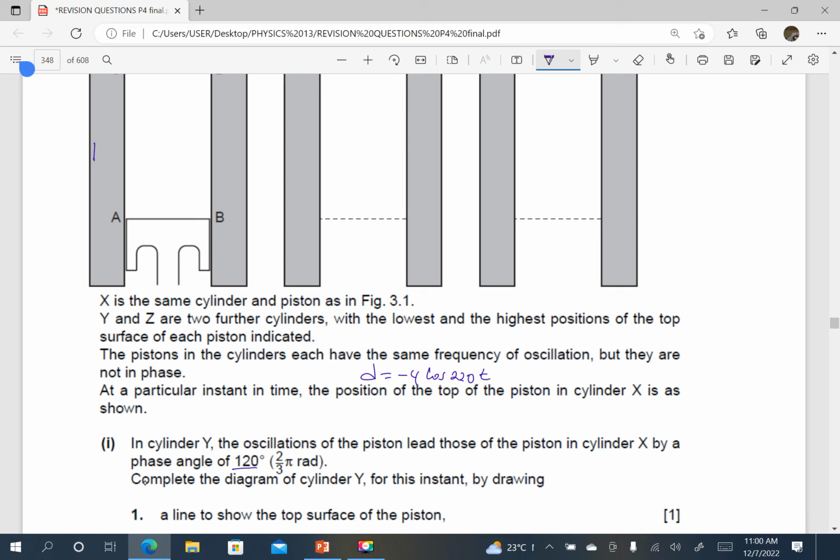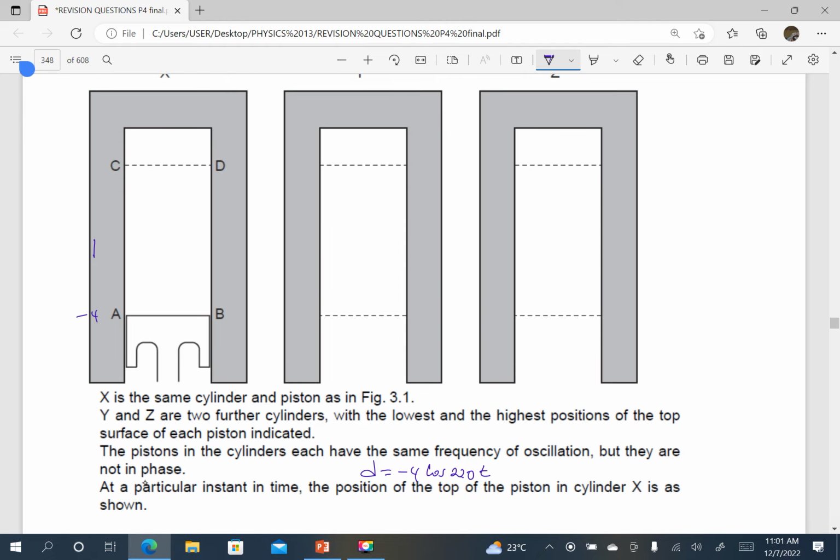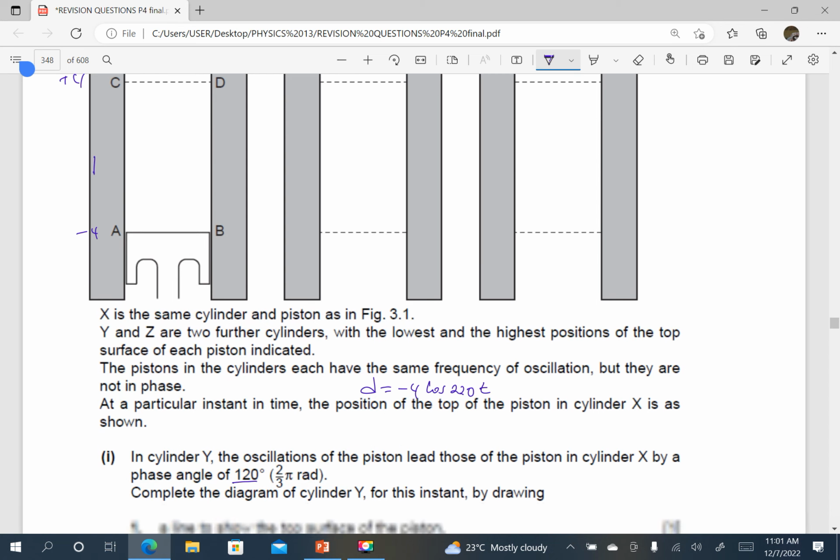That means at t equals 0, if we consider X, it was at the bottom where this was negative 4. And at the top, that was positive 4. From the bottom to the top, that is half a cycle, which is 180 degrees. So let's check. If y leads x by 120, what is the displacement of y from equilibrium?